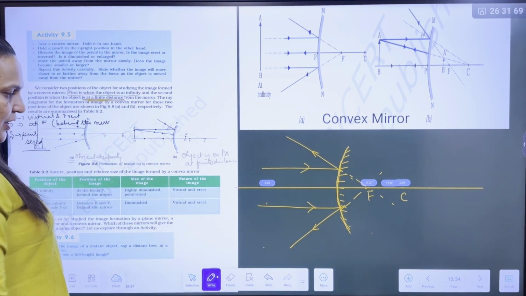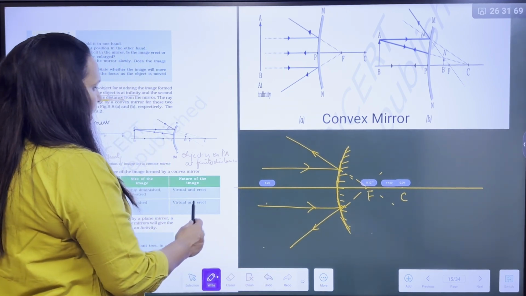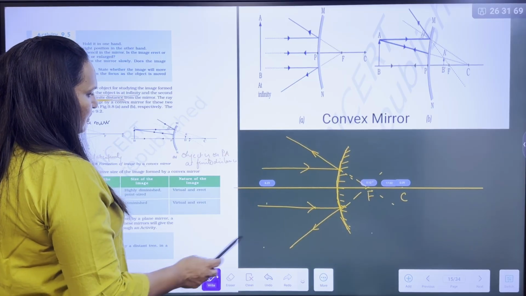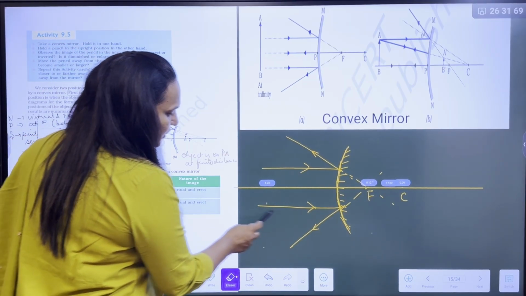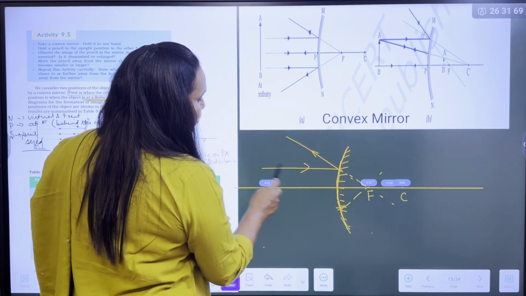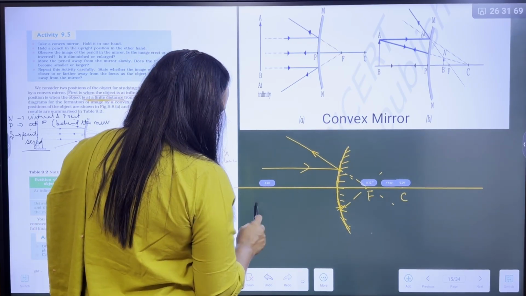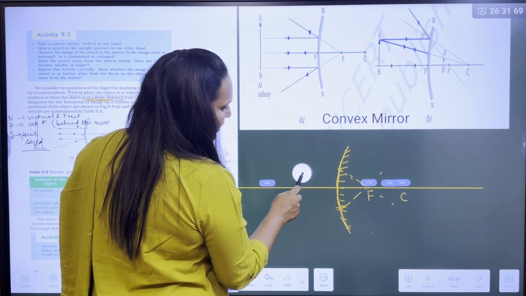Let's do the second ray diagram. How do we do the second ray diagram? We will erase everything and draw a fresh skeleton diagram.